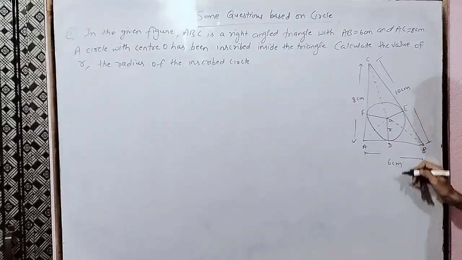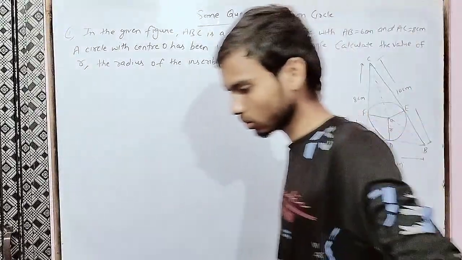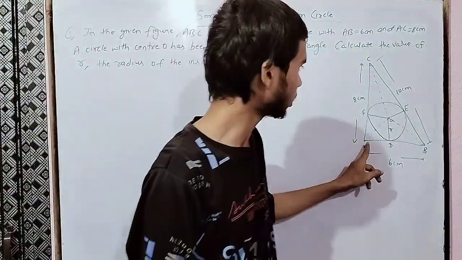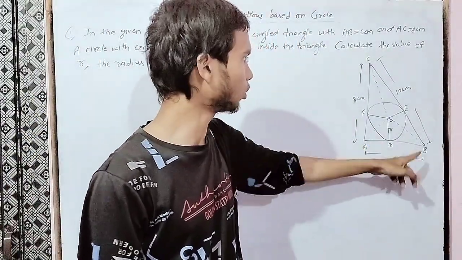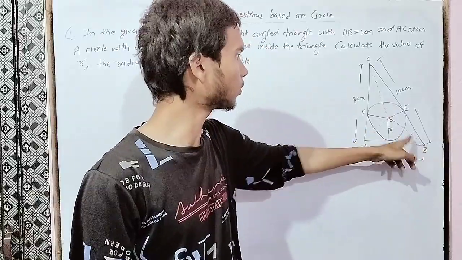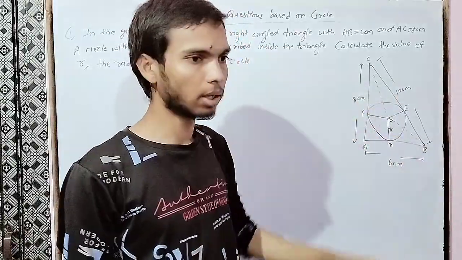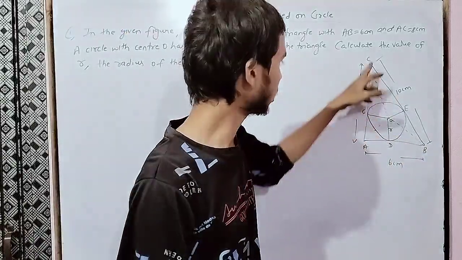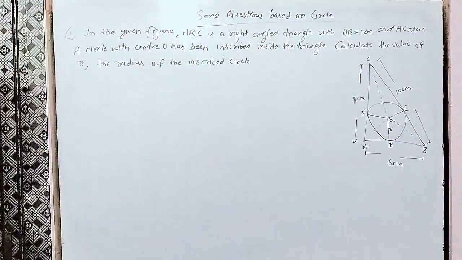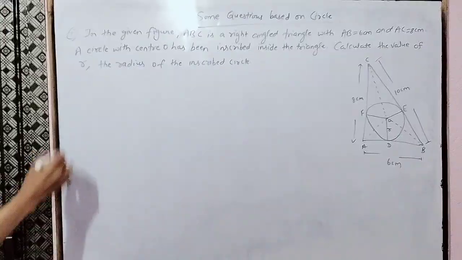From here you can see that area of triangle AOB plus area of triangle AOC plus area of triangle BOC will be equal to area of triangle ABC. Are you understanding?